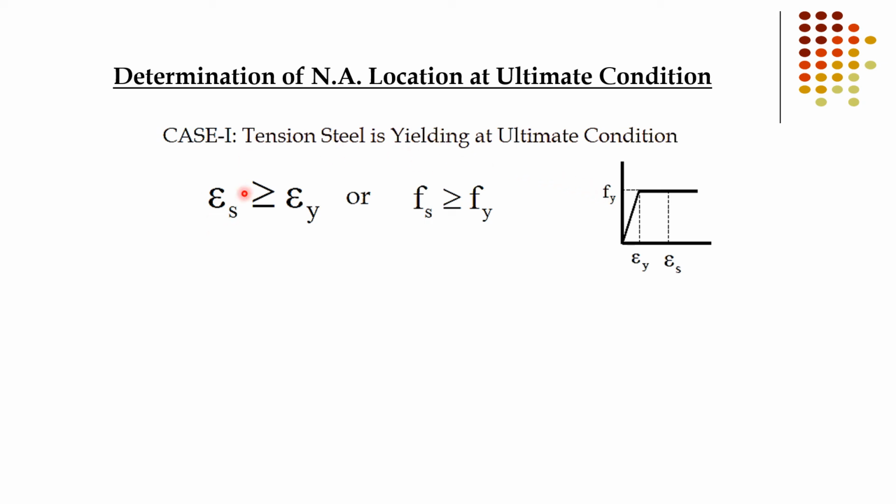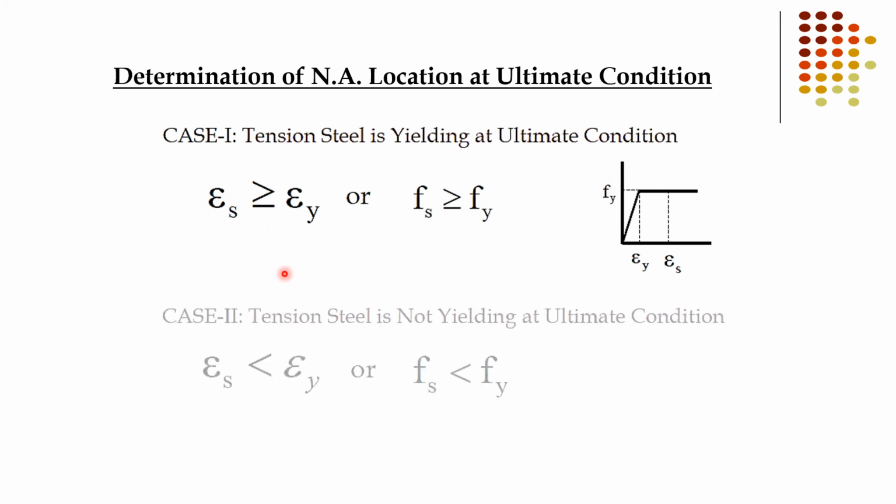Second, if the strain in steel is greater than strain at yield, so it means tension steel is yielding. Second case is if the stress in steel is less than yield or the strain in steel is less than yield, then that is the second case, means tension steel is not yielding.